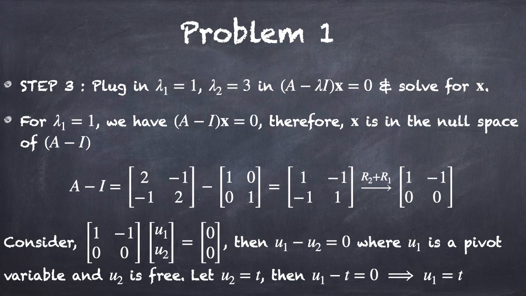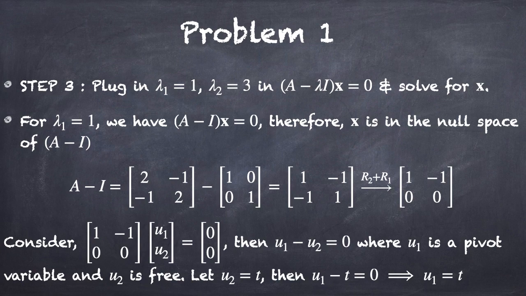This is from something that we did earlier in chapter 4. So A minus I would be [2, -1; -1, 2] minus the identity matrix. Once again, we just subtract 1 from the diagonal entries, and we get [1, -1; -1, 1]. Now let's recall how we found special solutions.